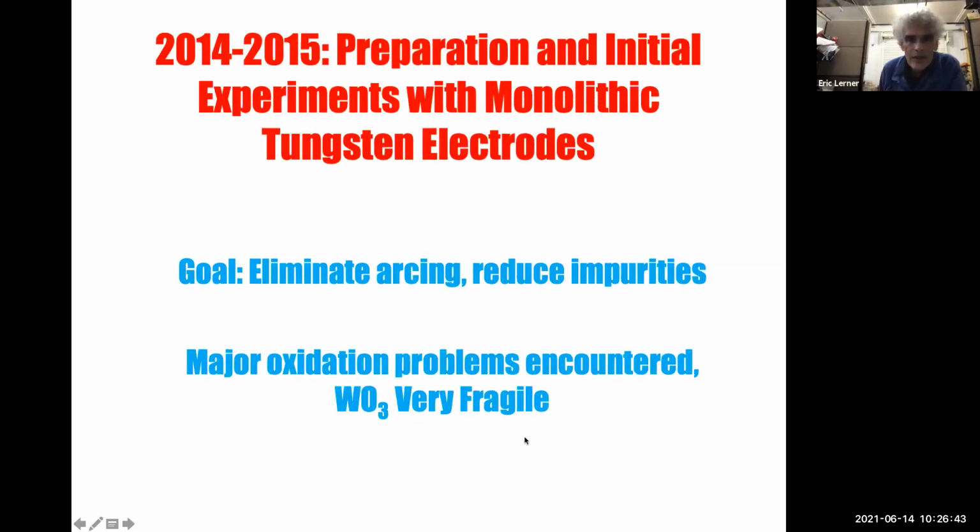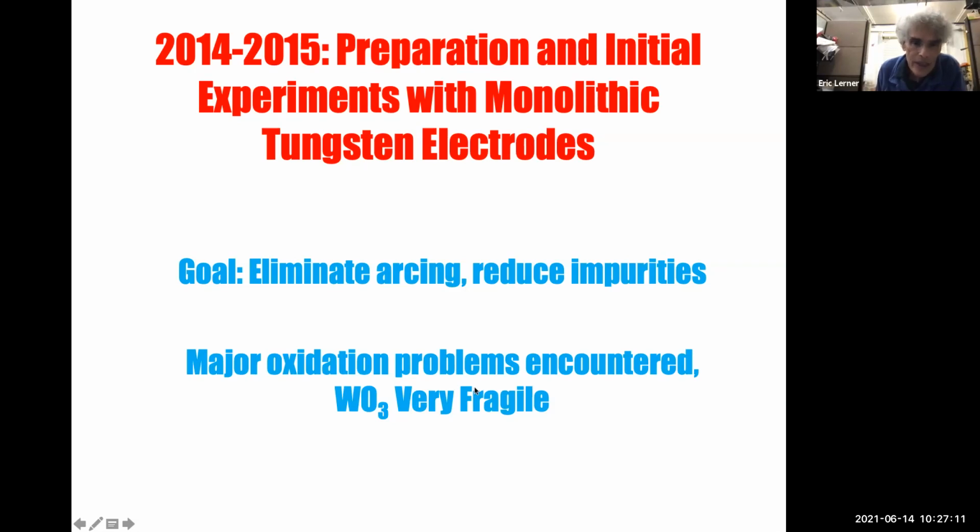So back in 2014 and 2015, we were moving to the first step, which was to change the electrodes to a monolithic design, so there would be no arcing between parts of the electrodes inside the vacuum chamber, and to use tungsten instead of copper to reduce the impurities.